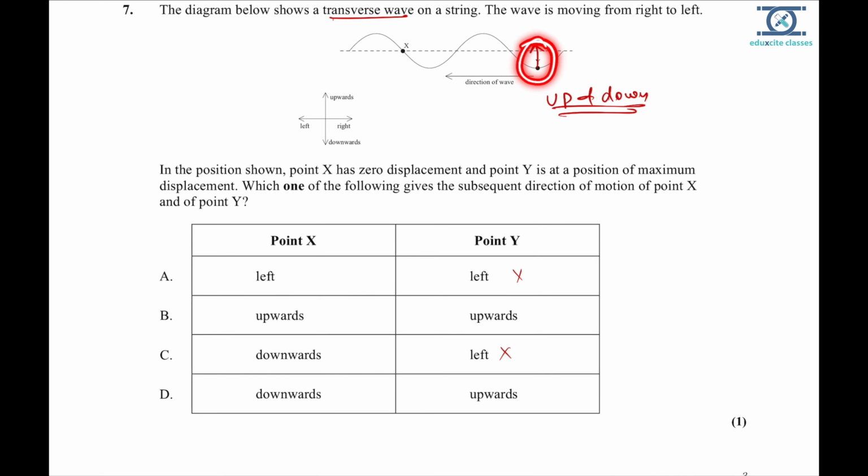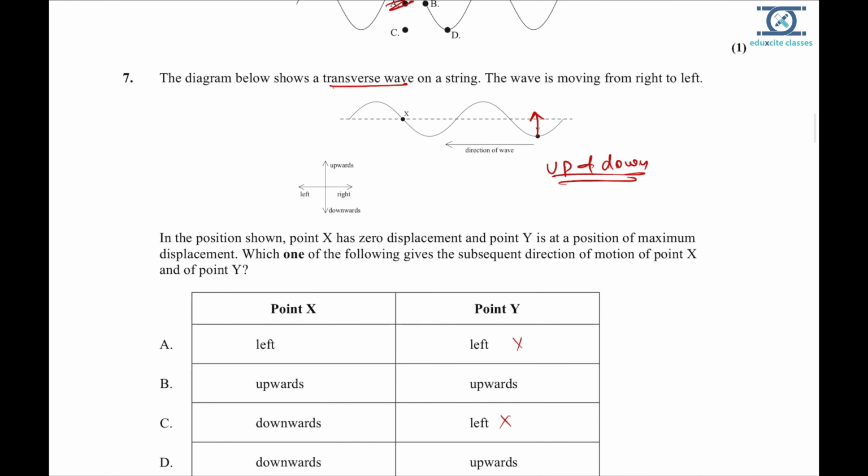Now if y is moving upward, definitely x has to move downward. Why? Because they are in anti-phase. You can see from this part also, the direction of the wave is from right to left. So which direction will the wave be moving? You can draw it.